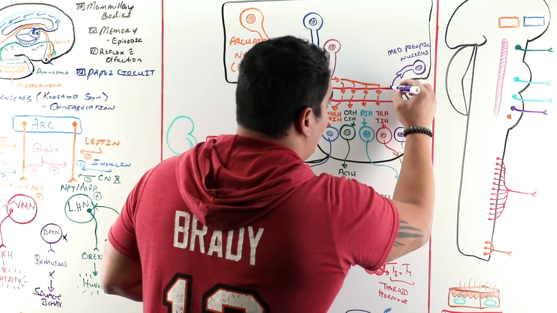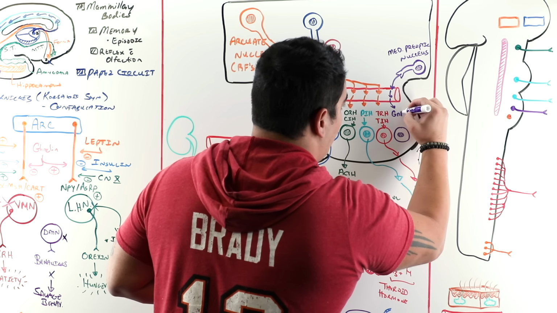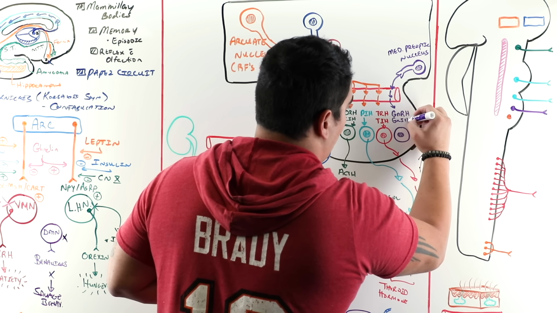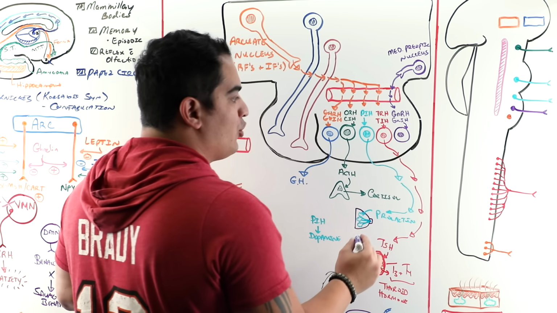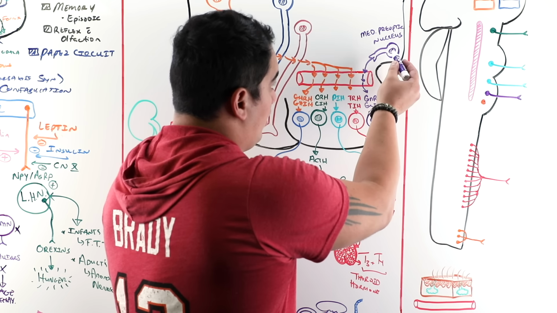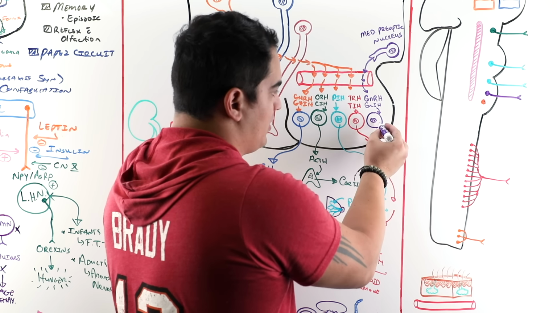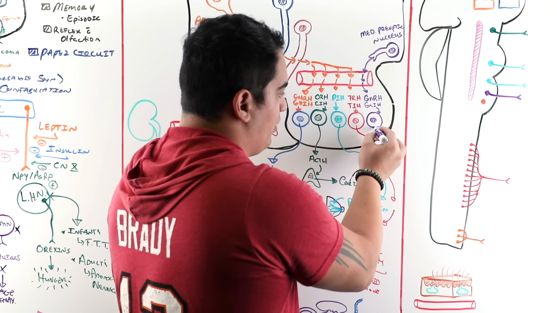this guy releases a particular hormone called gonadotropin releasing hormone. And it can also release gonadotropin inhibiting hormone. But regardless, this acts on these gonadotrophs. Now, the medial preoptic nucleus releases gonadotropin releasing hormone or inhibiting hormones that can act on the gonadotrophs within the anterior pituitary.